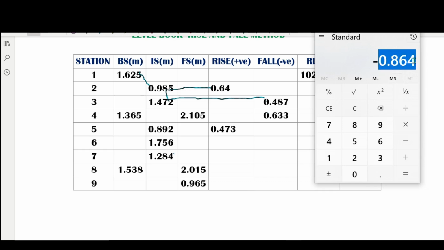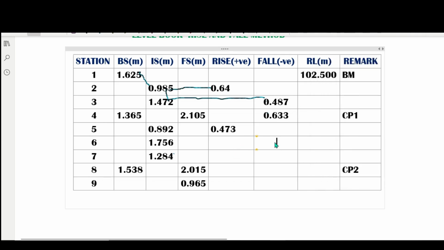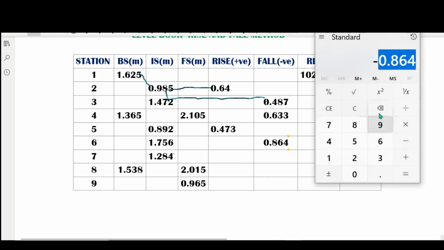Because it's giving us a negative number, we are putting it in the fall column. All right, so the next one is going to be 1.756 minus 1.284, and that's going to be under, is it going to be? Yeah, it's a rise column actually, because it's a higher number subtracting a lower number. So that's a rise column.